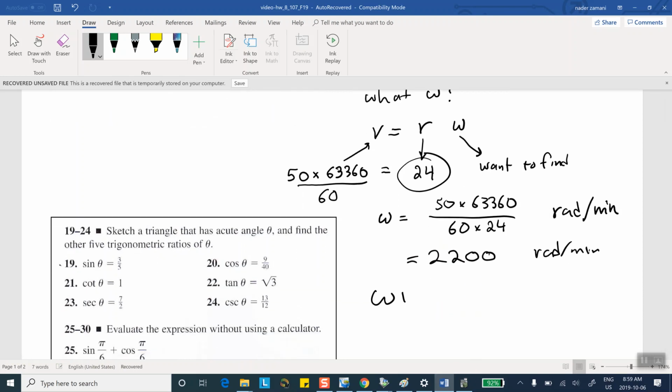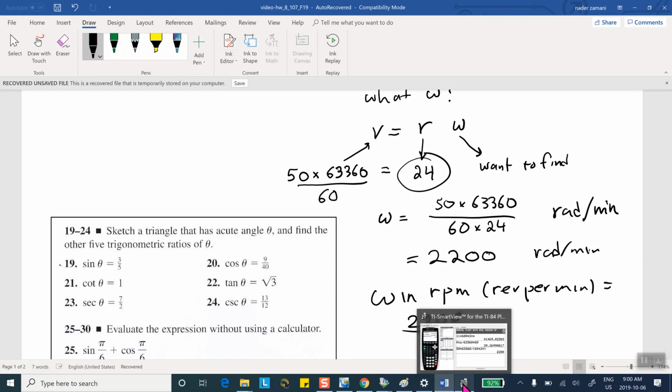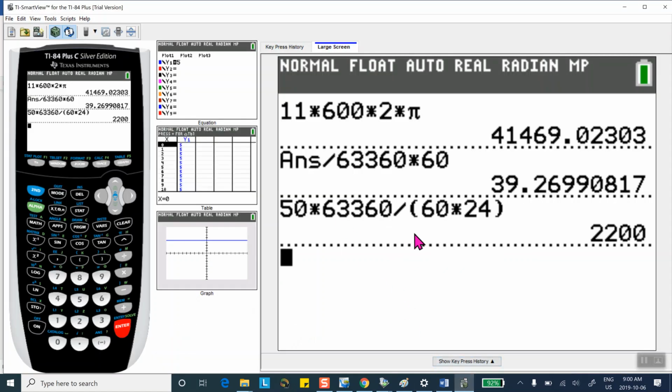So omega in RPM, which means rev per minute, is equal to this number that we got divided by 2 pi, because each round is 2 pi radians, and this is going to be the answer to part B. So let's take that number divided by 2, divided by pi.